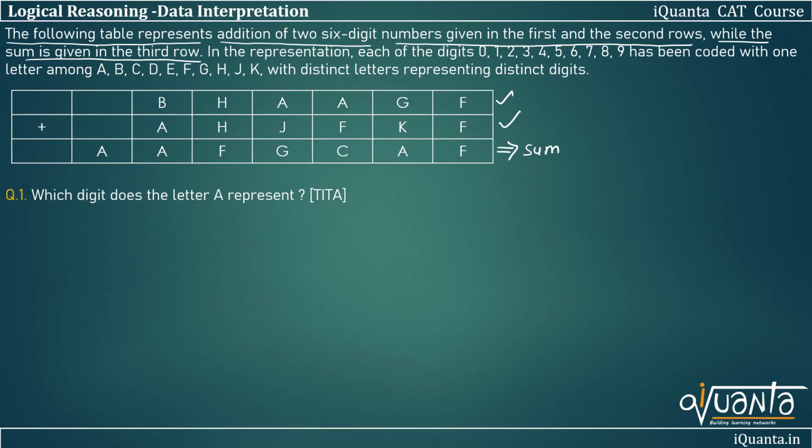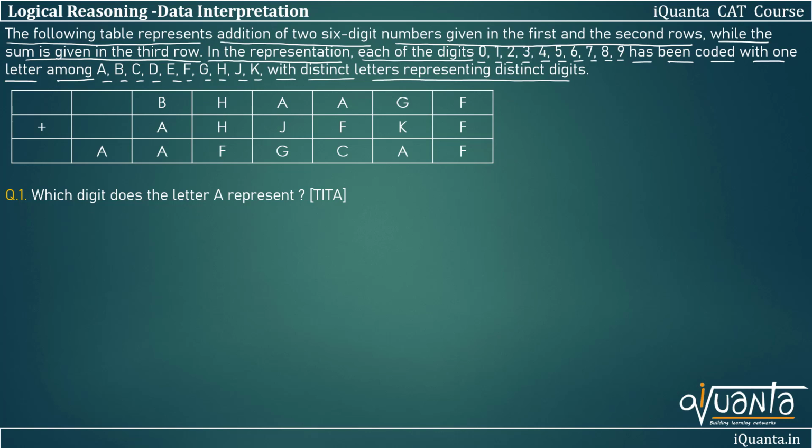This is representing the sum. After that, in the representation, each of the digits 0, 1, 2, 3, 4, 5, 6, 7, 8, 9 has been coded with one letter among A, B, C, D, E, F, G, H, J, K with distinct letters representing distinct digits. So every letter will have a different value.